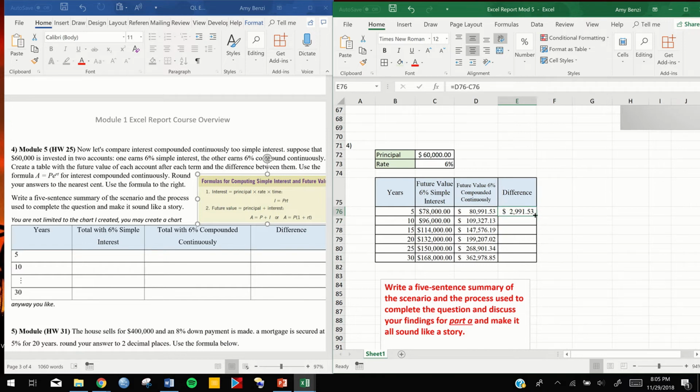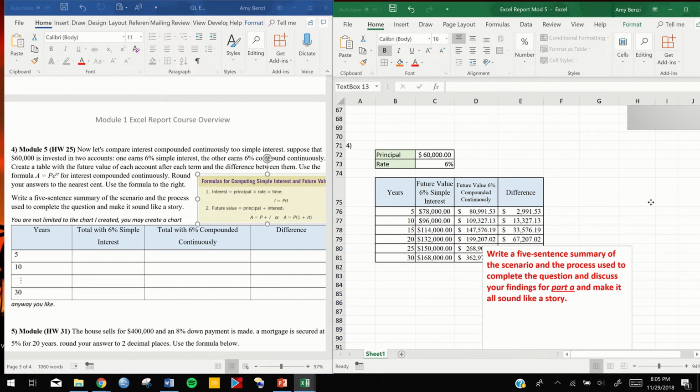All right. And then we're just going to apply that. Excel knows when to stop. Isn't that cool? All right. So, wow, look at that. The difference of how much you earned between the two accounts is more than what you earned in the simple interest alone. So those are all interesting facts to talk about when you write your summary.